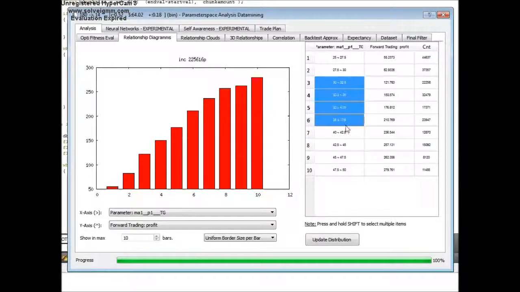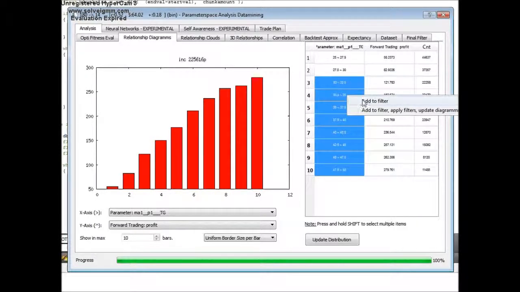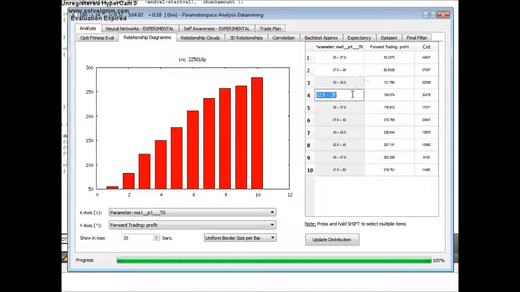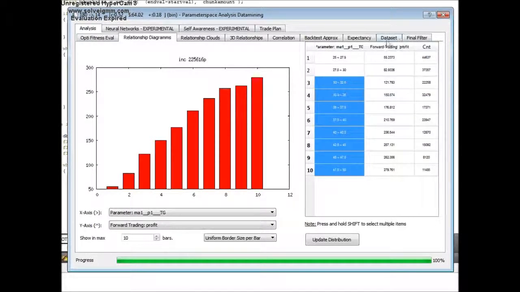Well, something like this can also be used. So here we have pretty good profit, and then it drops in the last two, so we now use this. We add this to the filter. Did it get added now?